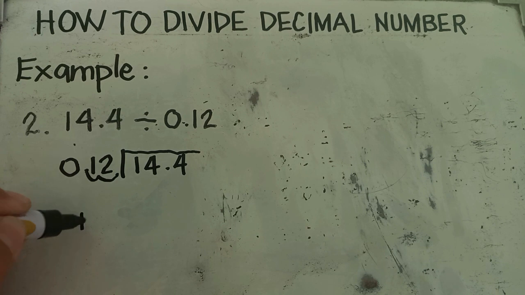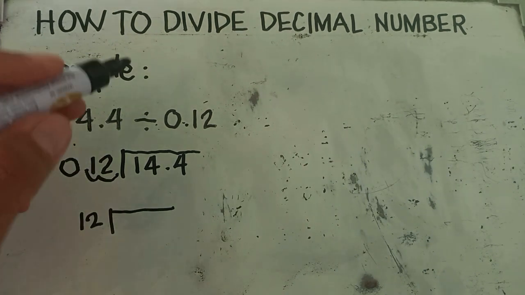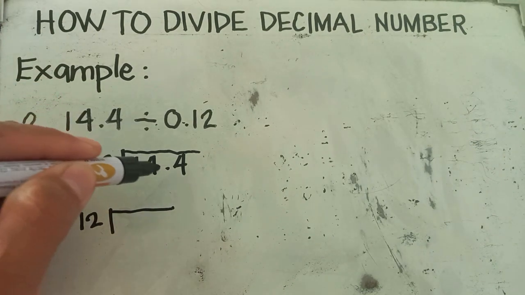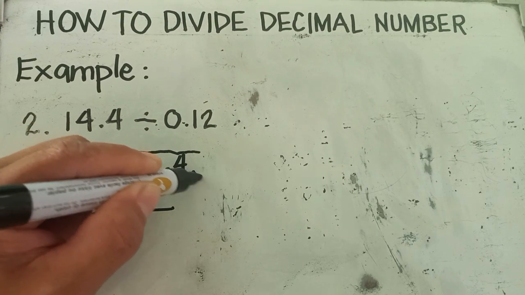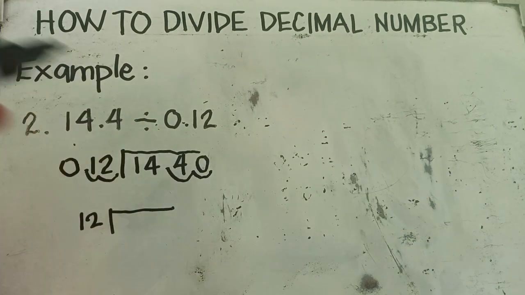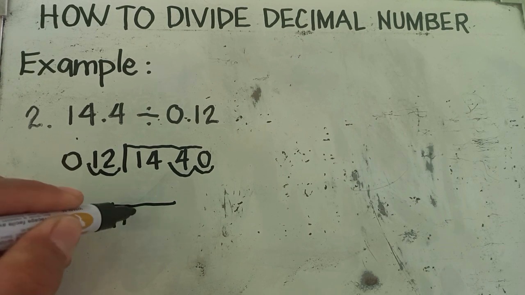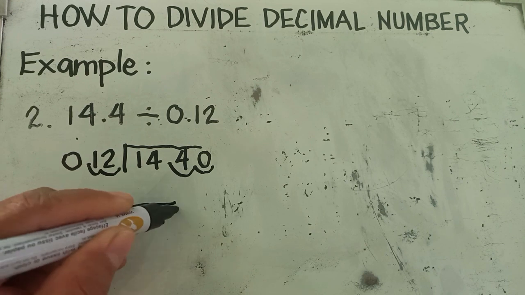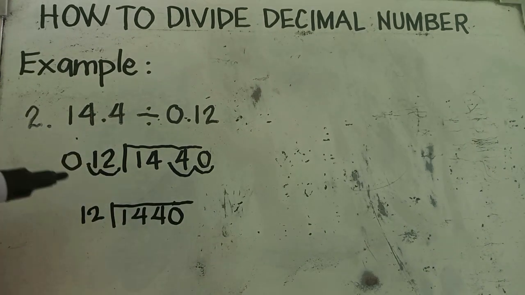Susulat natin dito 12. Tapos sa ating dividend naman, move din tayo ng dalawa, 1, 2. So add lang tayo ng 0. So ang dividend natin ay nagiging 1,440. So ngayon, pwede na tayong mag-divide.